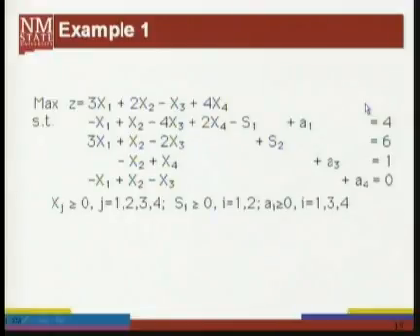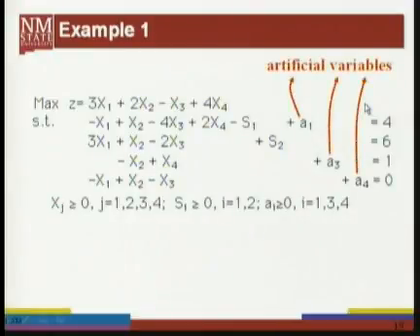Now we can use negative g, a1, s2, a3, and a4 as the basic variables in the respective equations, getting a pseudo-feasible solution with basic variables g equals 0, a1 equals 4, s2 equals 6, a3 equals 1, and a4 equals 0. And of course the non-basic variables equal 0, right?